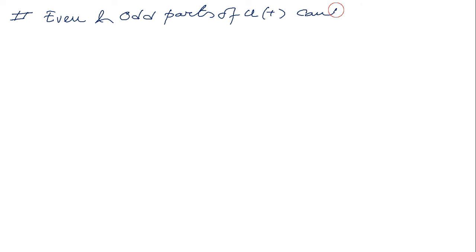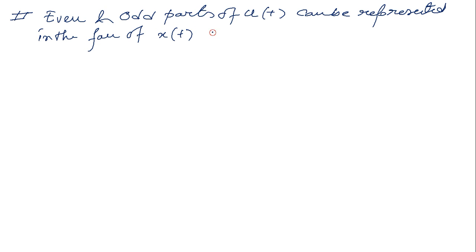The even and odd part of u of t can be represented in the form of x of t, as they have given one signum function basically.